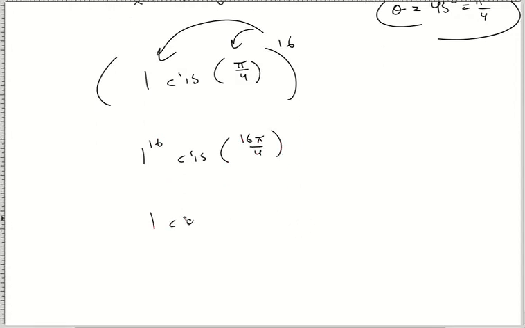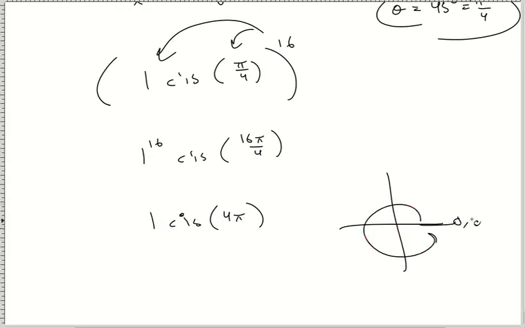So I got a 1 CIS of 4 pi. I want to know where 4 pi is. So this is 0. This is 2 pi. That's 4 pi. So we're right here. So we're going straight along the positive x-axis. What's your y value there?